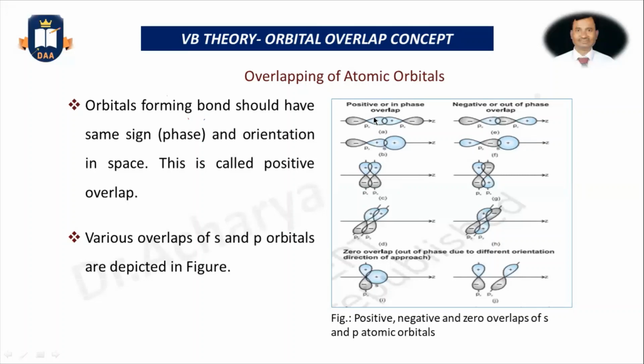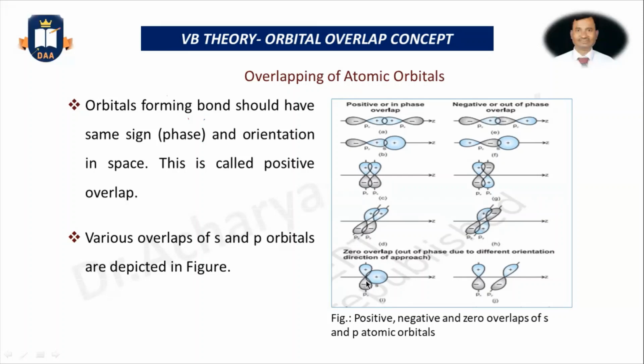When this positive part penetrates another orbital's positive part, it is called positive overlap. Similarly, when one positive part penetrates the negative part of the orbitals, it is called negative or out of phase overlap.